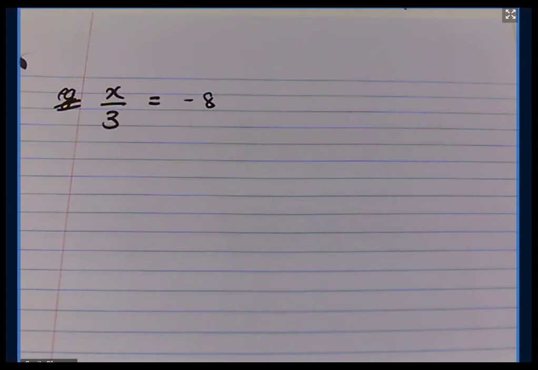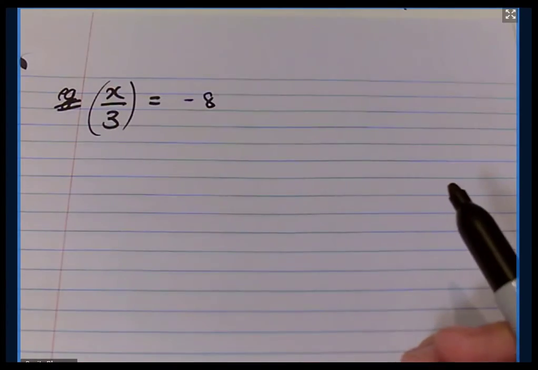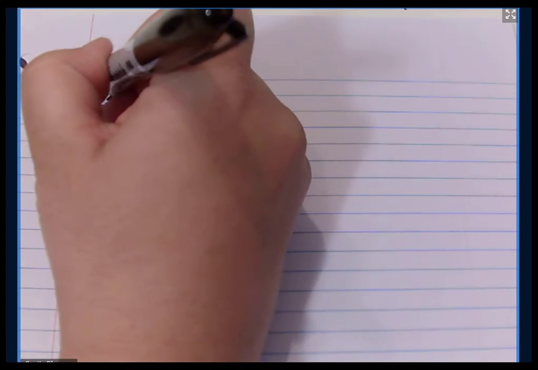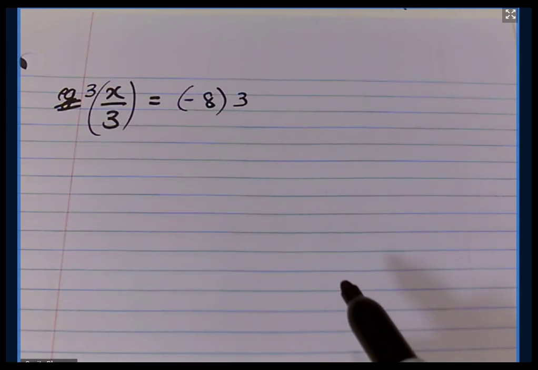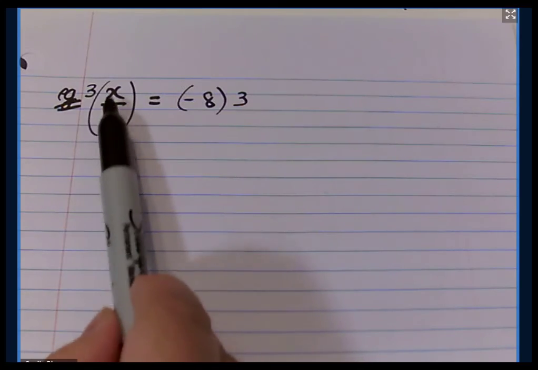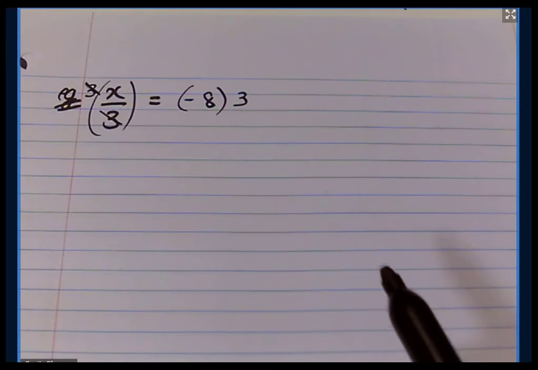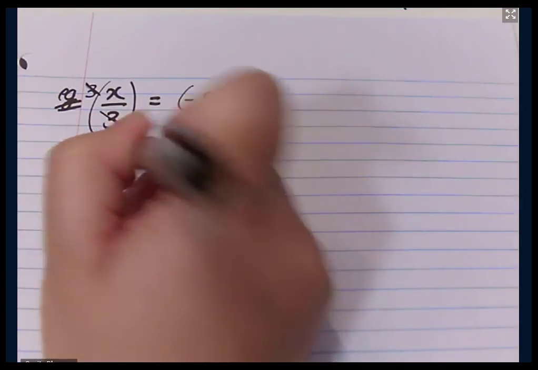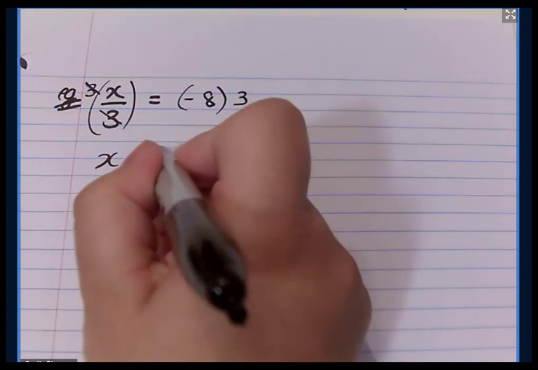The opposite of division here, we're going to use multiplication. I just show it in brackets and show that I'm multiplying by 3 on both sides. So this becomes 3x divided by 3. 3x divided by 3, you're just left with 1x, or x. And then on our right-hand side, negative 8 times 3 gives me negative 24.